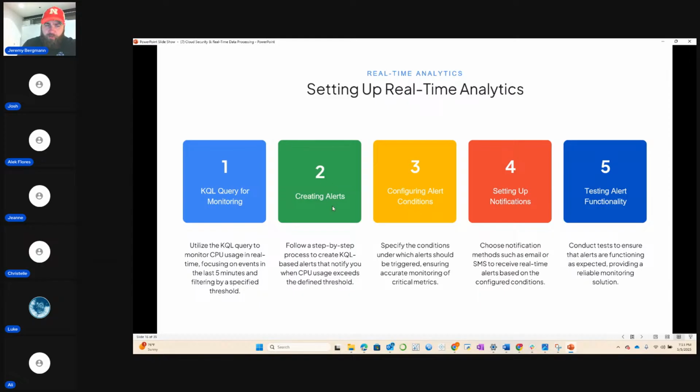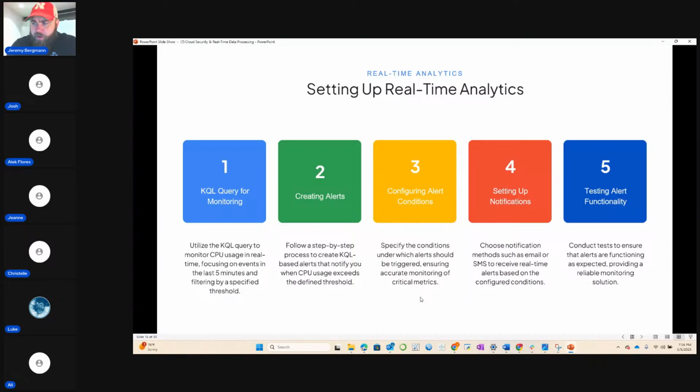Then you could create those alerts from it. And having the level of importance is really important there. You can configure alert conditions, under which alerts should be triggered. Sometimes it's just a warning. Sometimes it shouldn't actually be triggered.